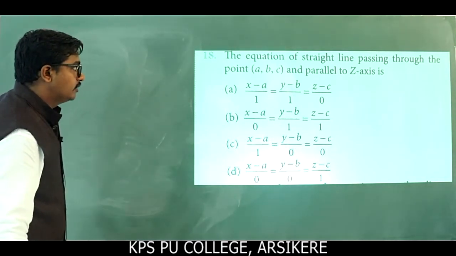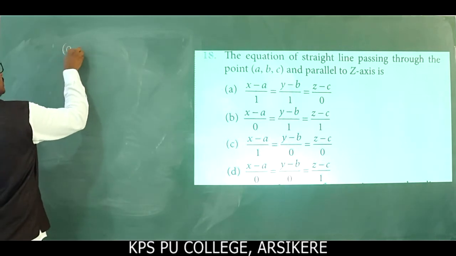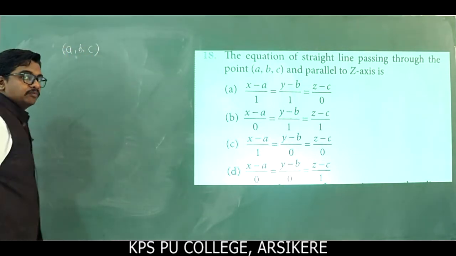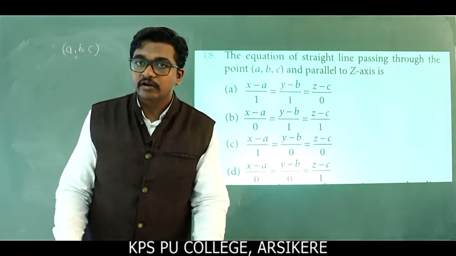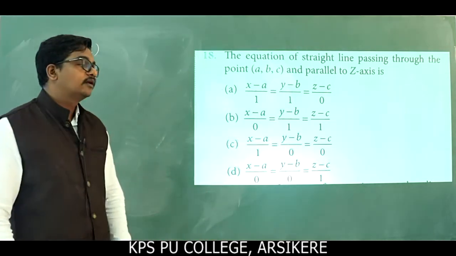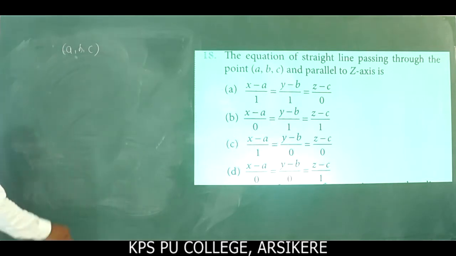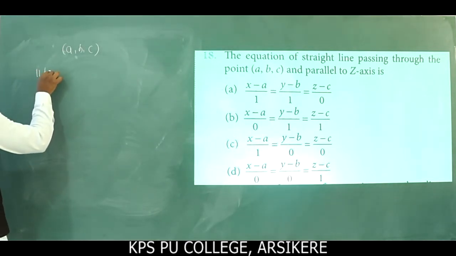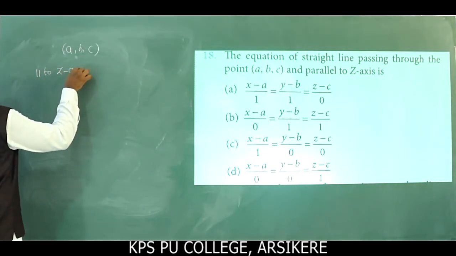Here we have the line passing through the point (a, b, c), so x1, y1, z1 are a, b, c, and parallel to the z axis.